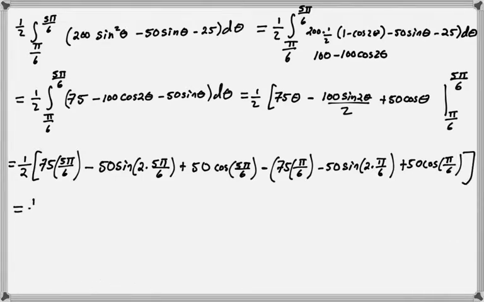Okay, which is equal to 1/2. And that's going to give us, let's see, 125 pi over 6. Sorry, over 2 now.